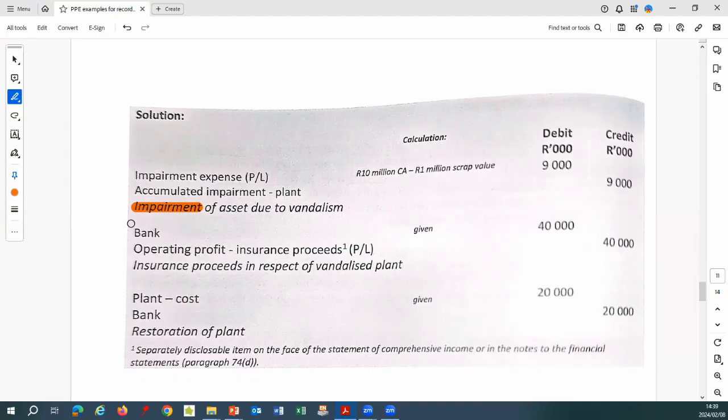So we didn't have to do a derecognition, but we would do a derecognition in between this if we needed to derecognize it completely. We then got the insurance proceeds. Okay, so we're debiting bank and crediting a profit or loss account. And then we capitalize our costs. So we can see we have debited bank. We have spent 20 million on this particular item.